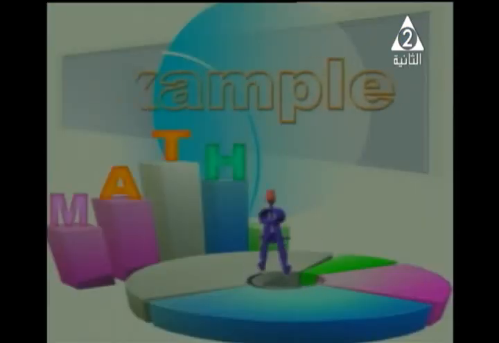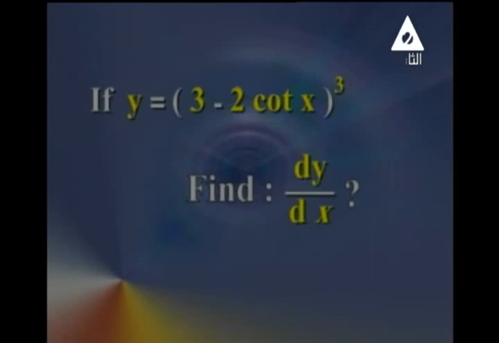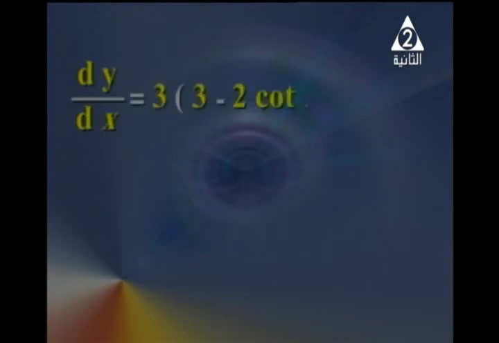Another example. If y equals 3 minus 2 cotan x all power 3, what is dy by dx? Remember, dear student, we have a function all power 3, y equals bracket contains 3 minus 2 cotan x all power 3. What is required, dear student? dy dx. Remember, we have bracket power 3. Look at the solution. dy by dx is 3 multiplied by bracket power 2.